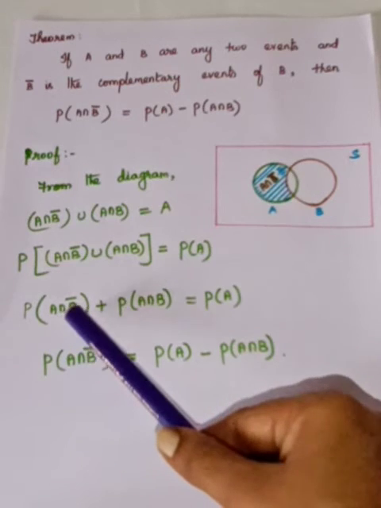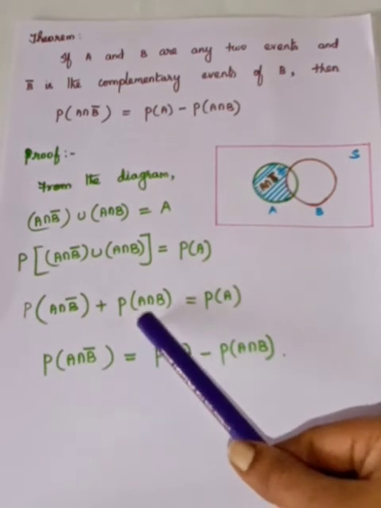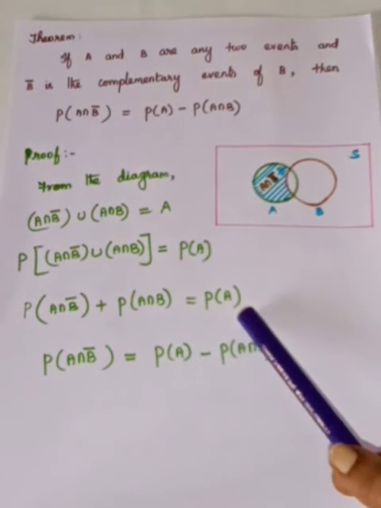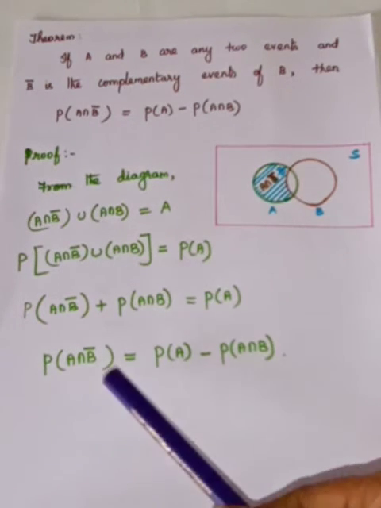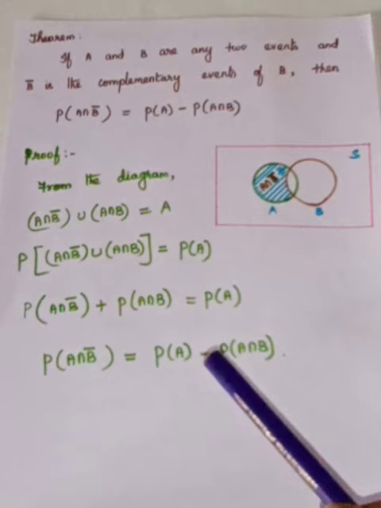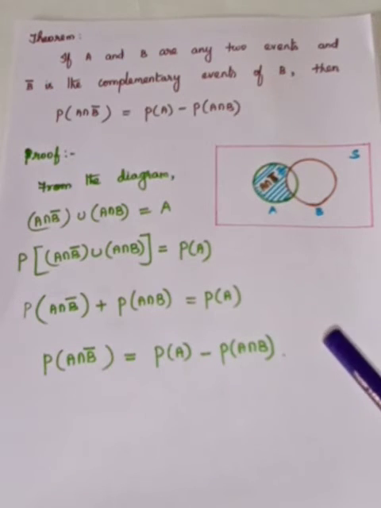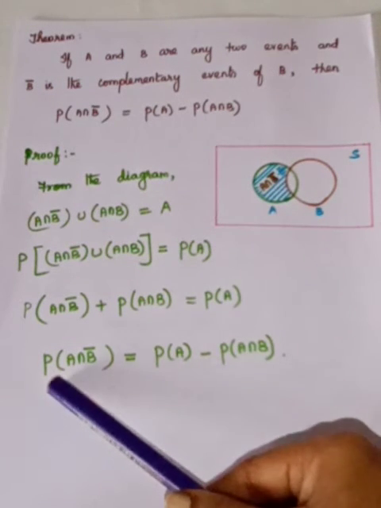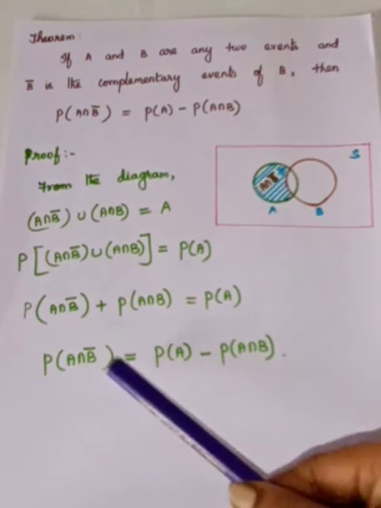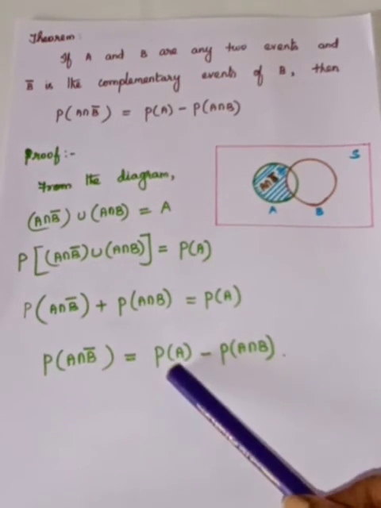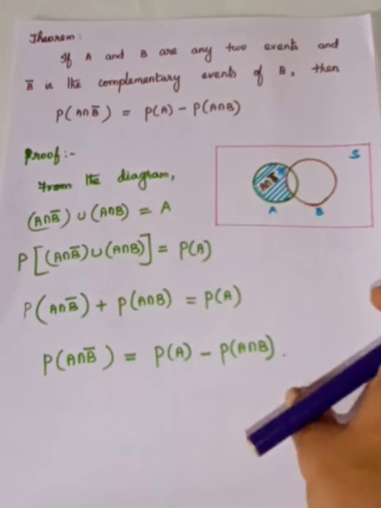Therefore, P of A intersection B bar plus P of A intersection B is equal to P of A. So P of A intersection B bar is equal to P of A minus P of A intersection B.